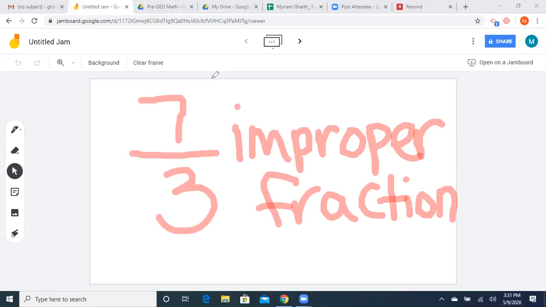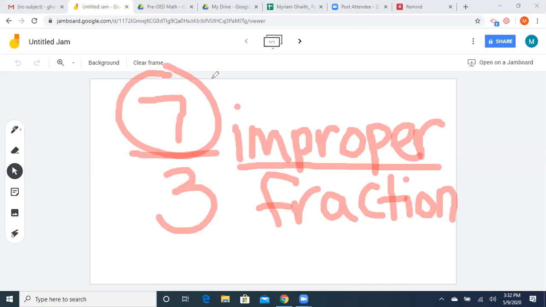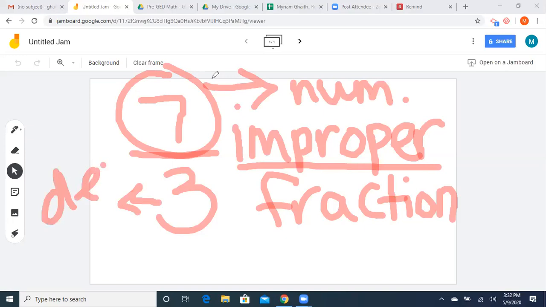The numerator, exactly. So the numerator is greater than the denominator in an improper fraction. Like the top and the bottom, right? This is our numerator up here, and this is the denominator.